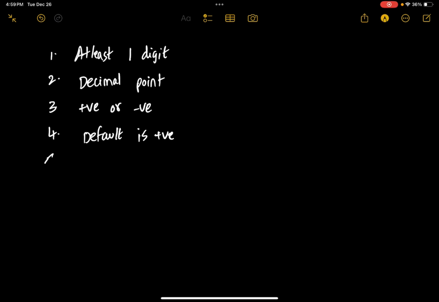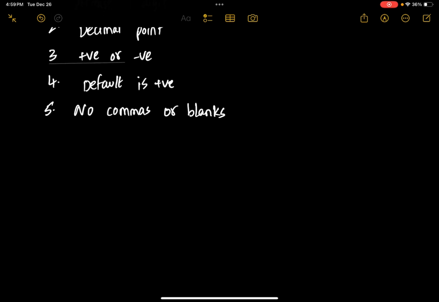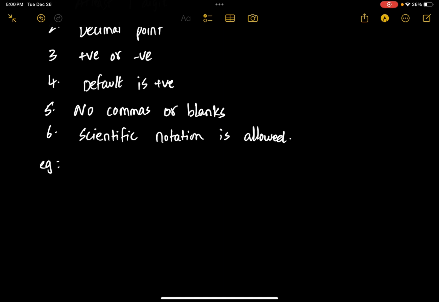Rule number 5 is no commas or blanks. Rule number 6 is scientific notation is allowed. Okay, some examples of floating point numbers are 3.14.